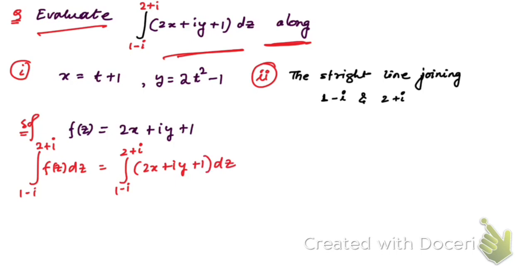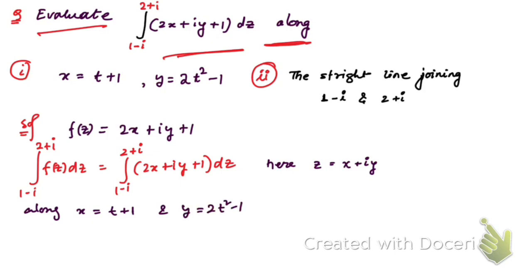So here you see, we can say z is nothing but a complex number x plus iy. So we need to evaluate this along this curve: x is equal to t plus 1 and y is equal to 2t squared minus 1.